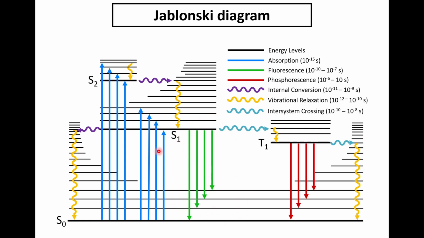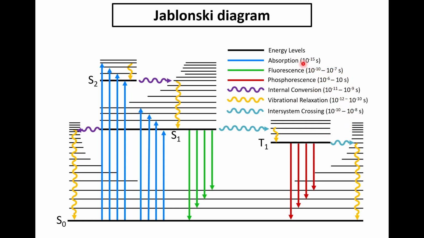Now, sometimes from this S1, it will not directly come to the S naught state. Rather, it can move from a singlet energy level to a triplet energy level, which is known as inter-system crossing. You see, there are different time periods for which these processes happen.